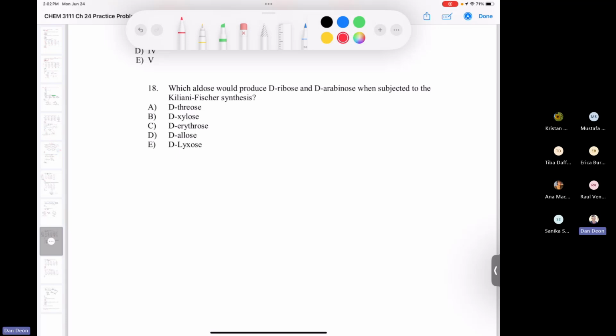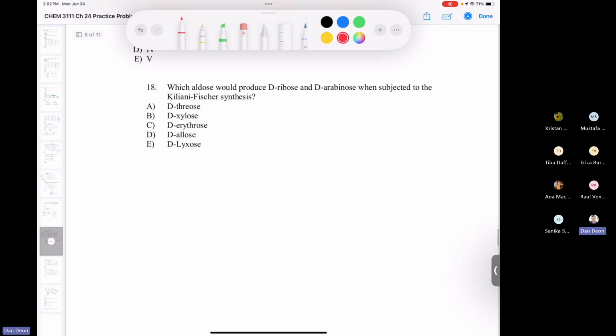There we go. So Kiliani-Fischer synthesis. Oh, okay. When you would make D-ribose and D-arabinose. Sorry, I was reading the question wrong. I'm like, I'm not getting something here.